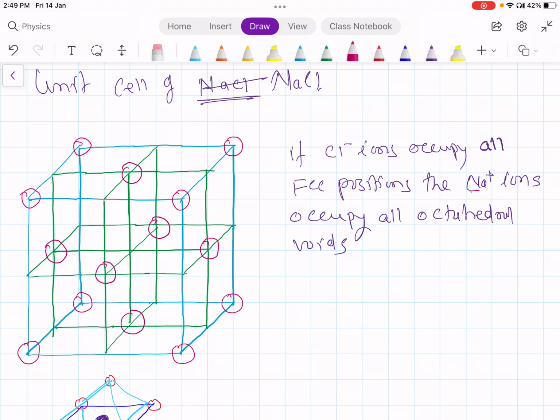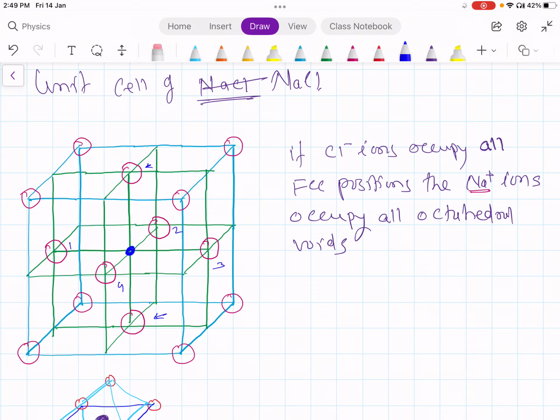Then sodium ions occupy all the octahedral positions. Octahedral positions are formed at the body center. This is the body center, and if you consider this body center atom, there are four atoms in the same plane, one, two, three, four, one above and one below.